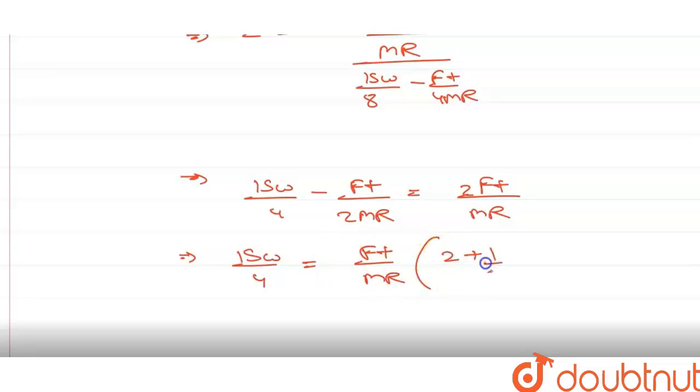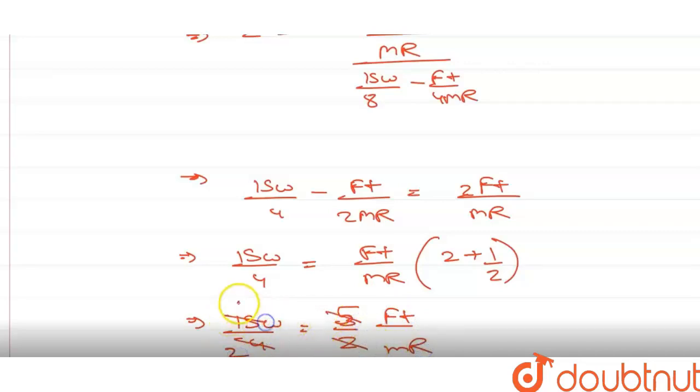2 plus 1 by 2 means 15 omega by 4 is equal to 5 by 2 ft by mr. 2 and 4 get cancelled, 5 and 15 get cancelled.